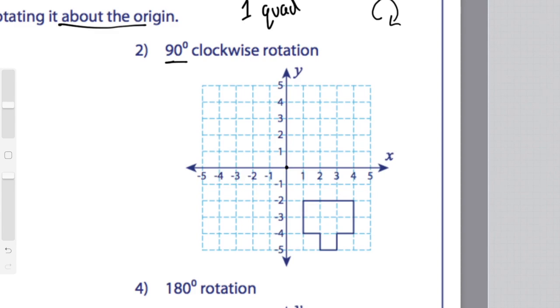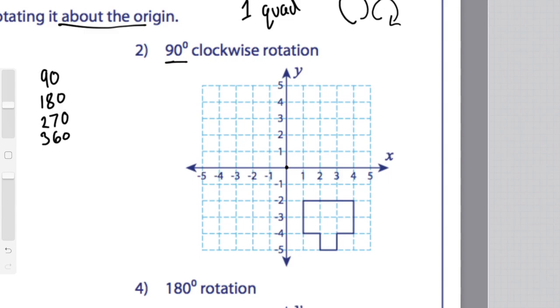So 90 degrees would be one quadrant, 180 would be moving two quadrants, and 270 would be moving three quadrants. And of course 360 would mean it doesn't move at all. So I've got one quadrant, because it's 90 degrees, and clockwise, so this direction.